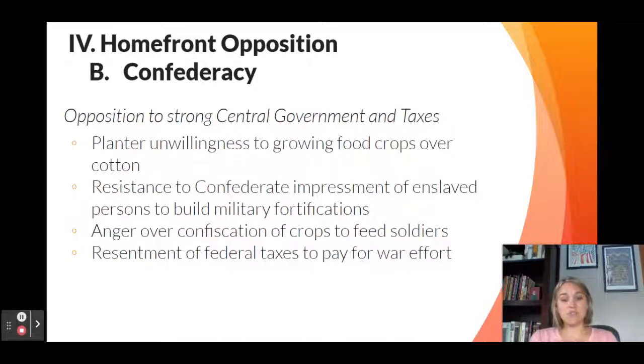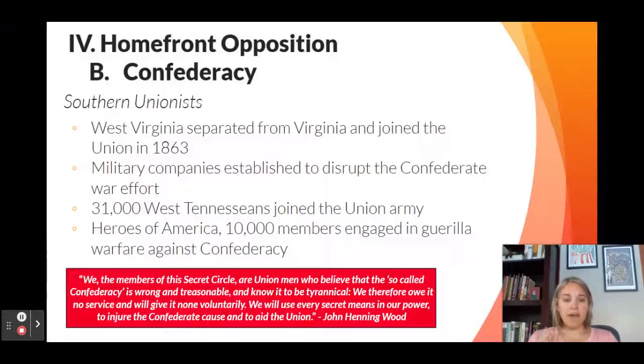The Confederacy tries to impress, or does impress, enslaved persons to build military fortifications, and there's resistance to that. There's confiscation of crops to feed the soldiers, anger over that. But probably most significantly is going to be the resentment of federal taxes that are imposed to pay for the war effort.